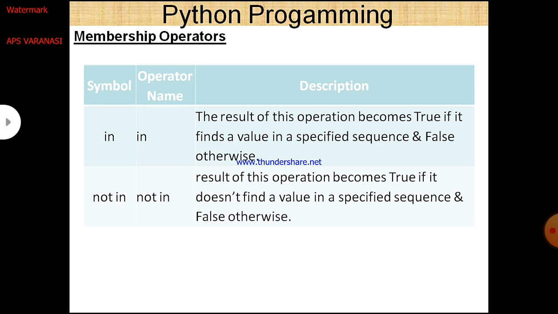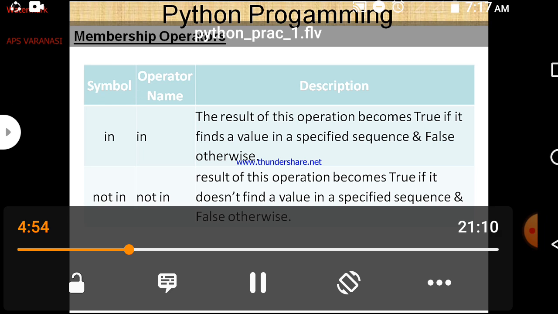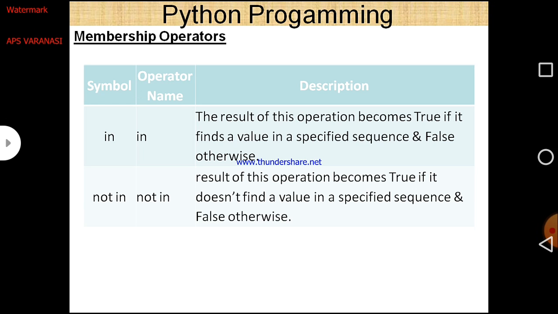Next our operators are in and not in. These are the membership operators. Basically these operators tell whether a particular number is a member of a particular group or not, in simple words. And to find out a group there are different data types such as list, tuple, dictionaries, which we will discuss in our next video.